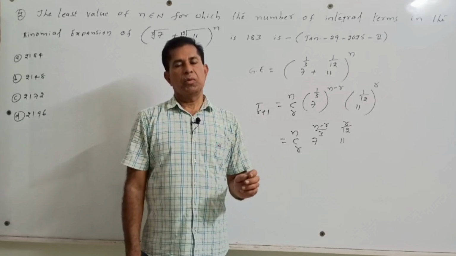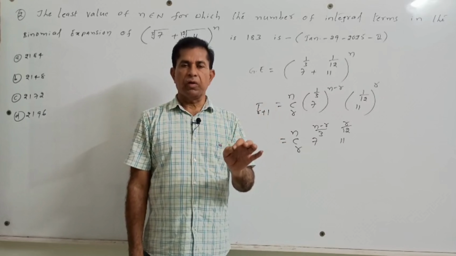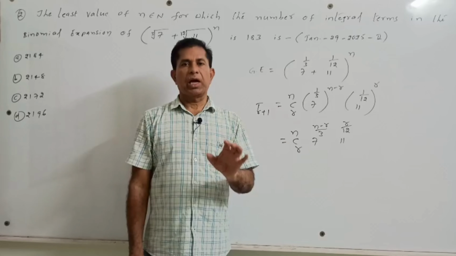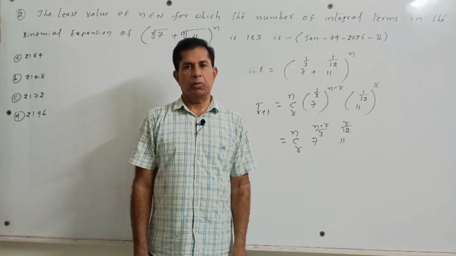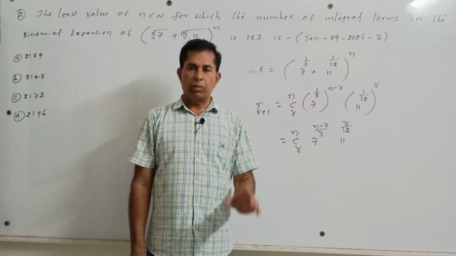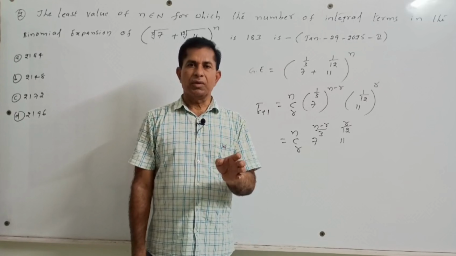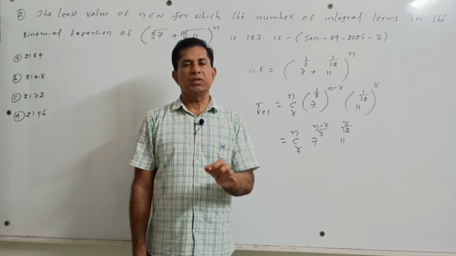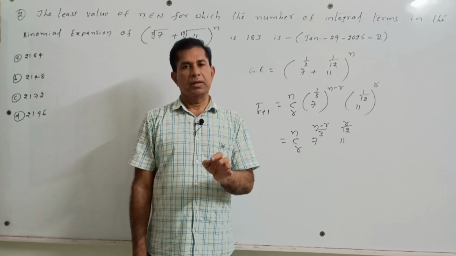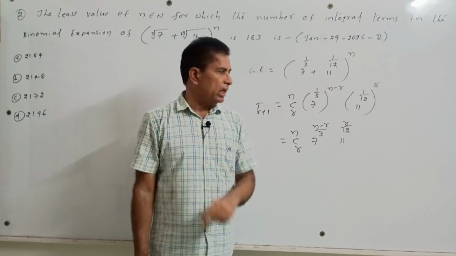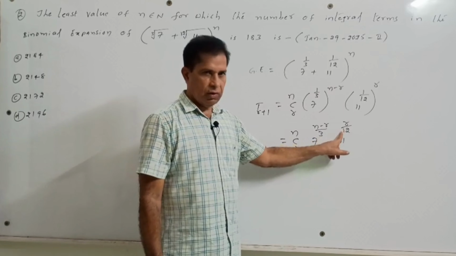But in the problem he has already given the number of integral terms is 183. We have to calculate the least value of the exponent. In the previous problem I told the number of integral terms is 183. n must be a multiple of 12, that is the LCM of 3 and 12.